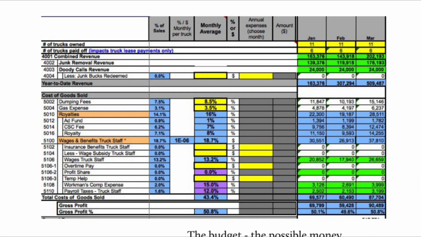Also, there's a budget, which would be what I call here the possible money, but really it's theoretical money. In energy transfer, you have kinetic energy and you have theoretical energy. The budget is a model of what you imagine you're going to get, based on your best guess of how much money is going to come in and how much money is going to go out.